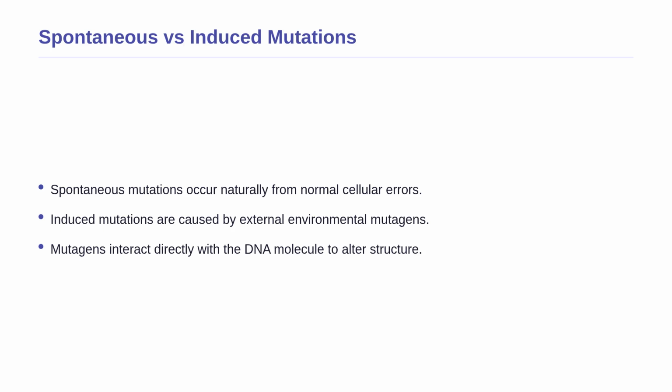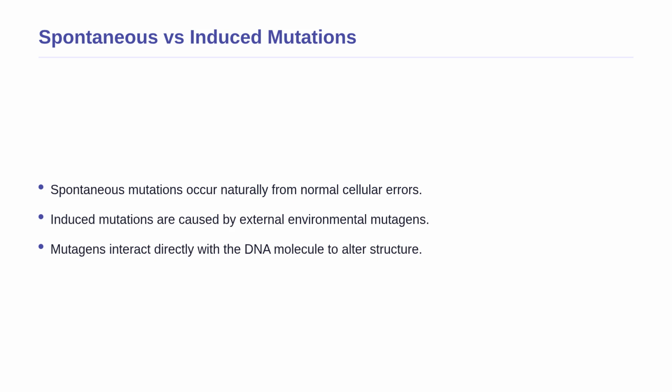Following up on that definition, it is important to distinguish between the types of mutations. Spontaneous mutations occur naturally due to normal cellular processes, like occasional DNA replication errors. However, induced mutations are entirely different. They are caused directly by these external mutagens.